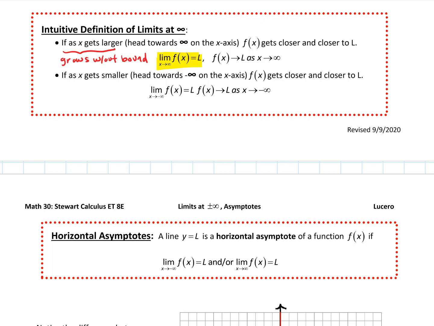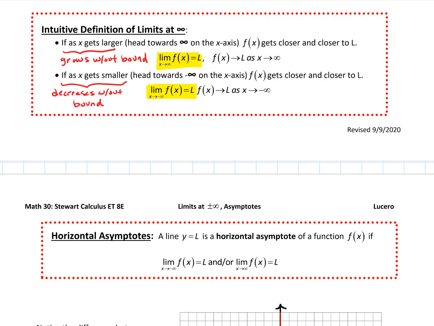And for the other side of the graph, as x decreases without bound, as x gets smaller, going towards negative infinity on the x-axis, if f of x gets closer and closer to L, arbitrarily close to L, we say that the limit of f of x as x approaches negative infinity is equal to L. And we have that notation.